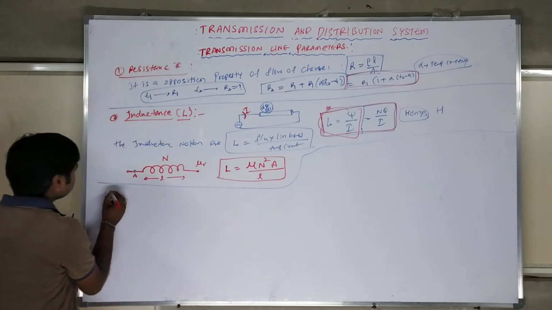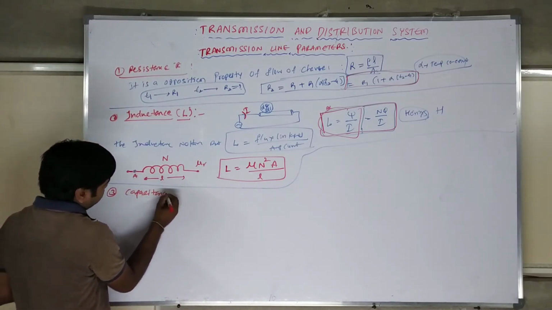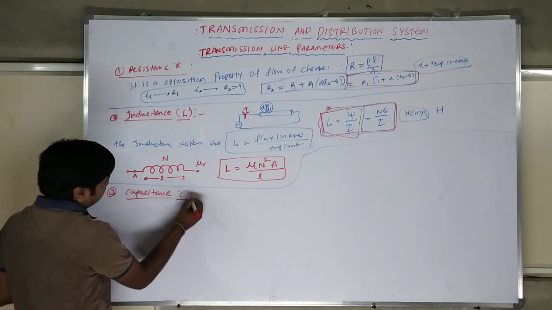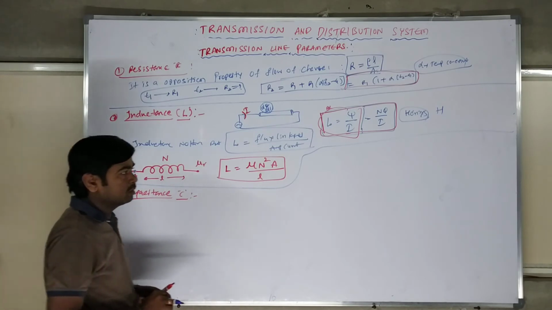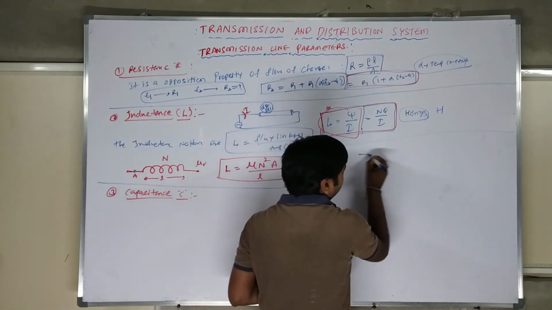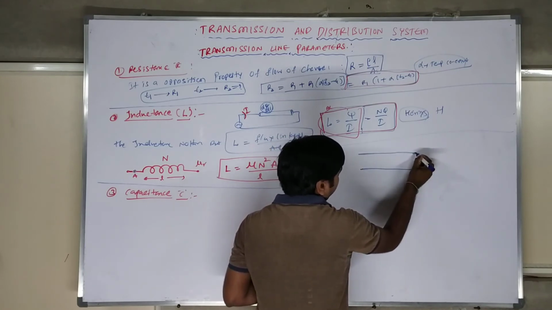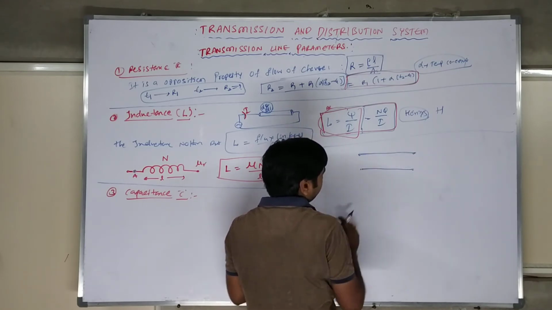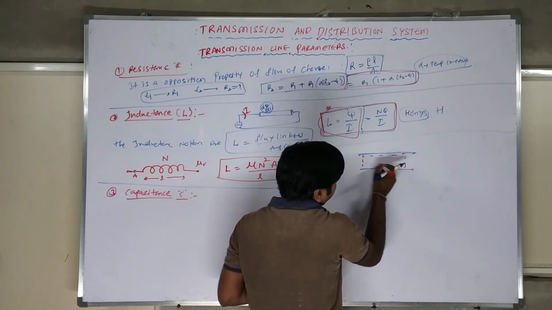So let us go to the third thing, capacitance. What is capacitance? Let us take any two plates, any two conducting materials, and in between we provide some dielectric medium or insulating material.